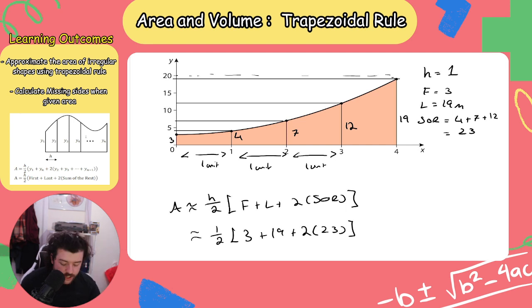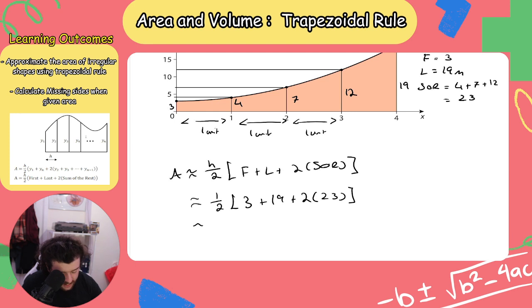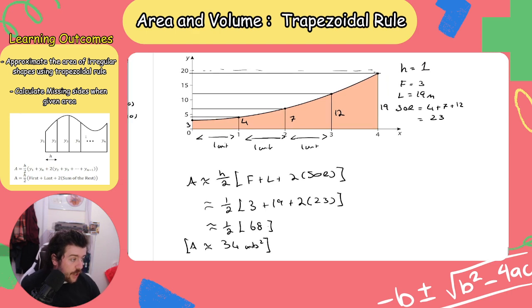Shove all of that into your calculator. I'm going to get a half of 68. So the area under this graph is approximately going to be 34 units squared. And I'm saying units squared because it doesn't give me any other measurements. So that is how we can read it off a coordinate graph.